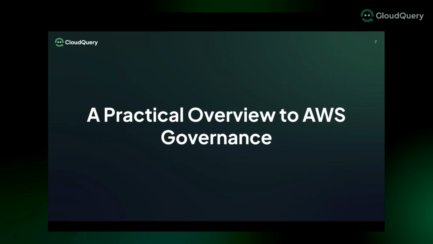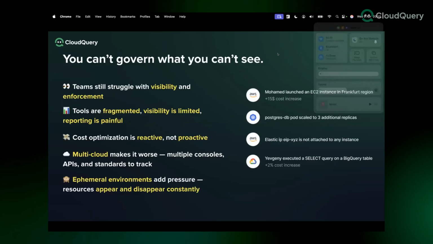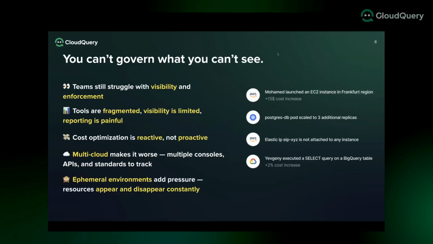So CloudQuery basically bridges the gap between AWS recommended governance frameworks and the day-to-day operational insights you need. So it gives you the visibility that you need. As you know, you cannot govern what you cannot see. So this is something CloudQuery solves by giving you a single source of truth of all your assets and all your cloud resources, but also your entire cloud footprint.